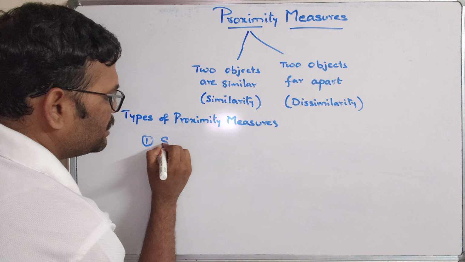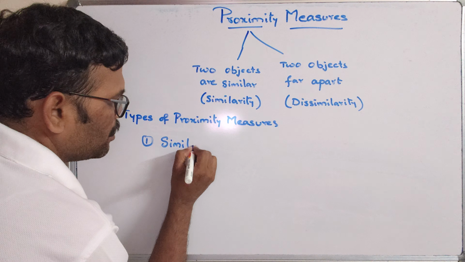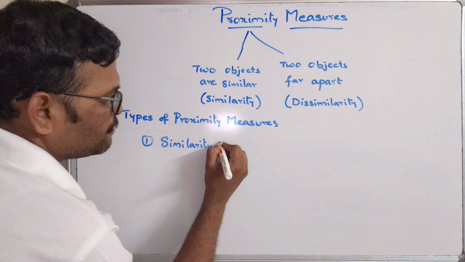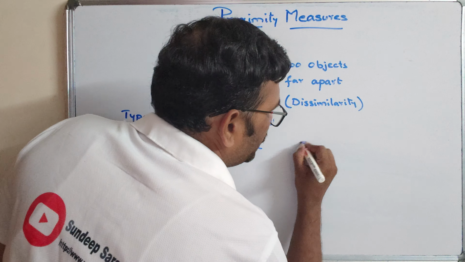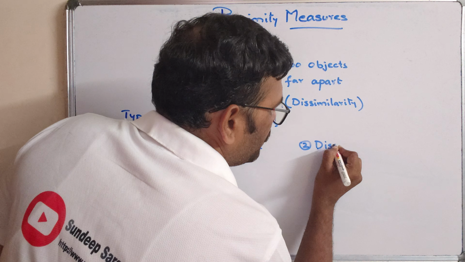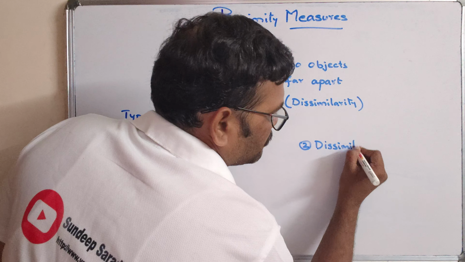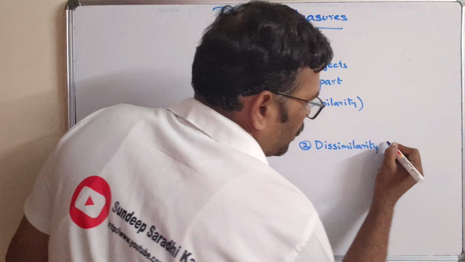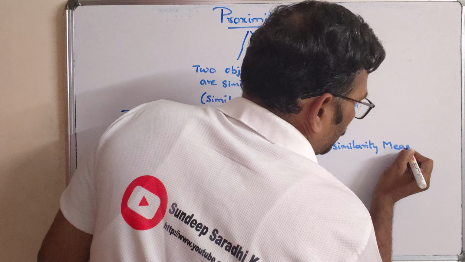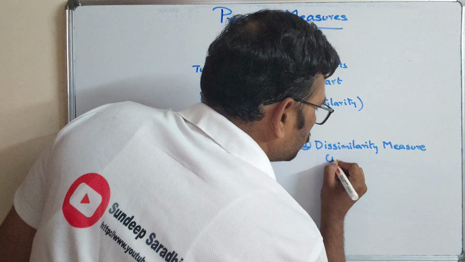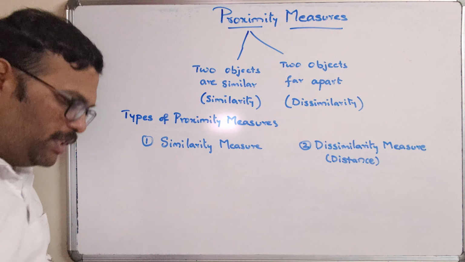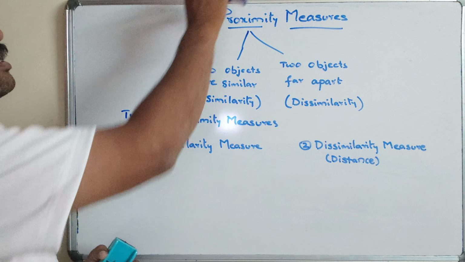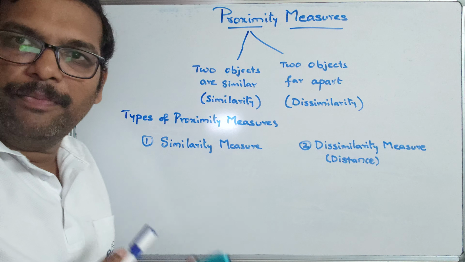One is a similarity measure, and the second one is a dissimilarity measure, or we can also call it a distance measure. For both types, a numerical value will be calculated.